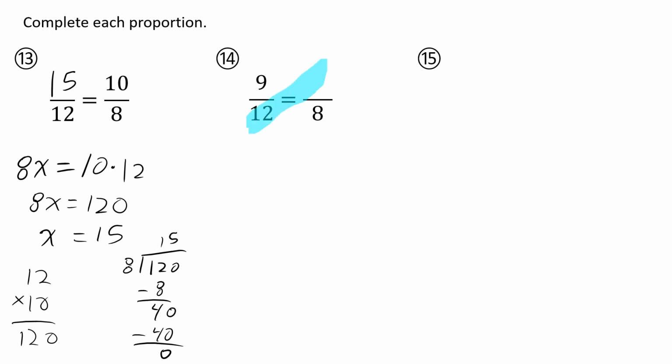Again, I start by looking for my blank numbers. I say, okay, it'll be 12 times my blank. For my blank, I'll use x, so 12x. The other part of the cross is 9 times 8. So 12 times x equals 9 times 8.